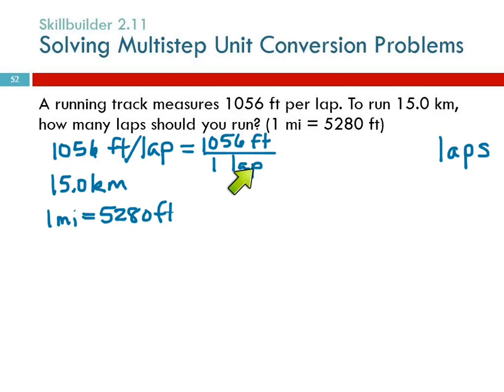So this has 2 units, this thing has 2 units, this has 1 unit. It's not always going to work out, but like 99.5% of the time, this guy with the single unit is where you're starting. So we're starting with kilometers, and we're trying to get to laps. Do we have a relationship between kilometers and laps?